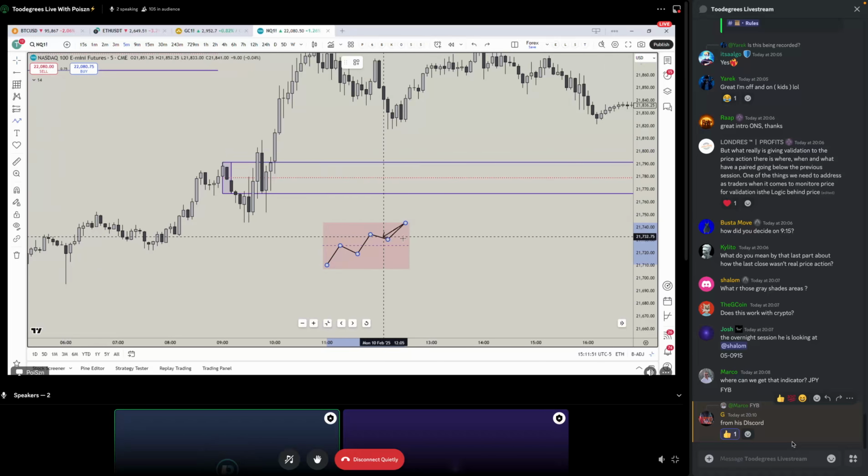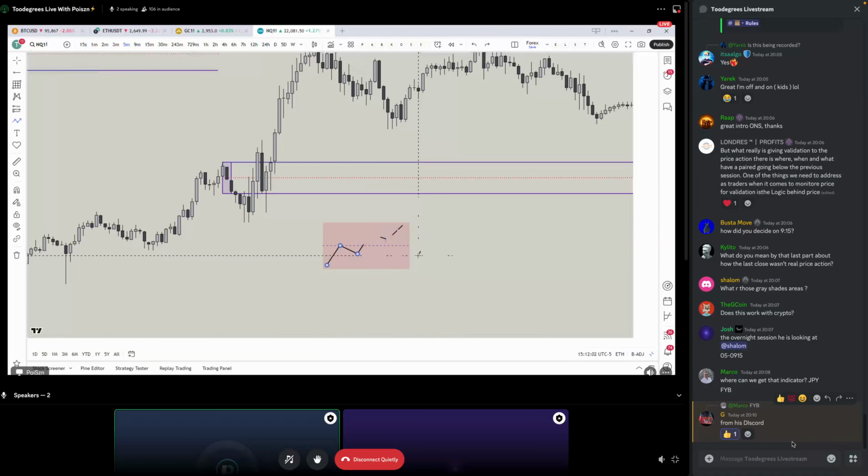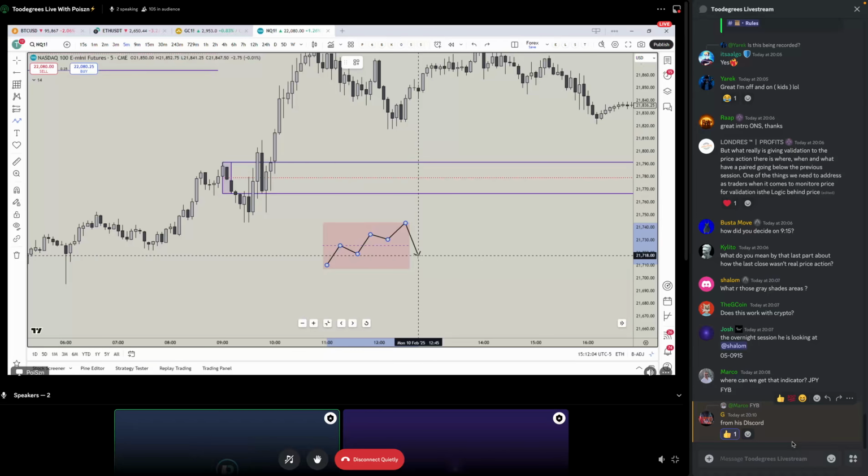Either a timed range, in this case, it is a timed range from 9 to 9:15. At 9:15, depending on what our bias is, if we were bullish, what would you want to see if you are bullish or you are inclined on that particular day? You have a bullish bias.